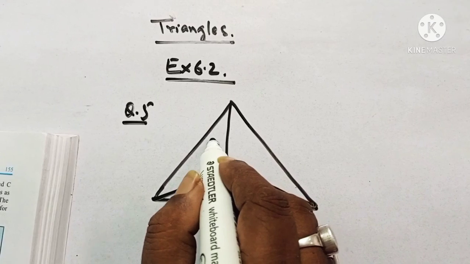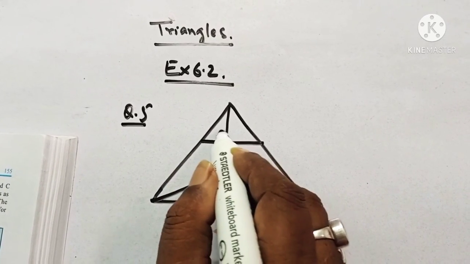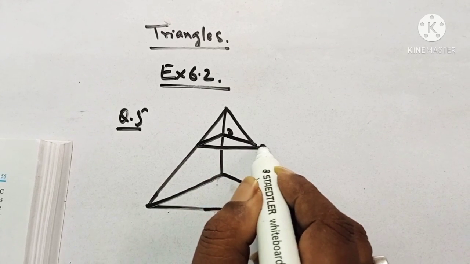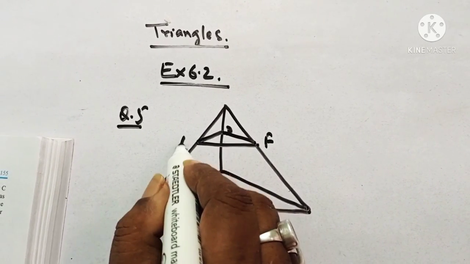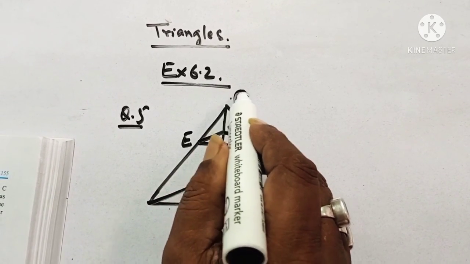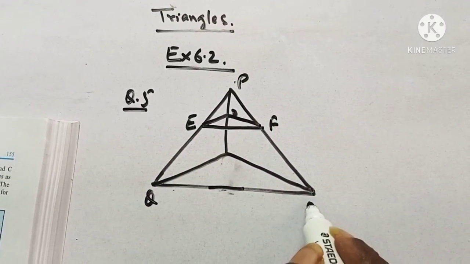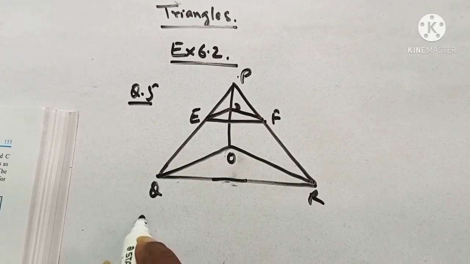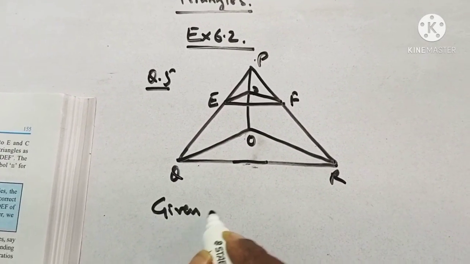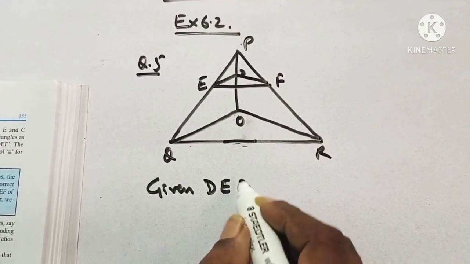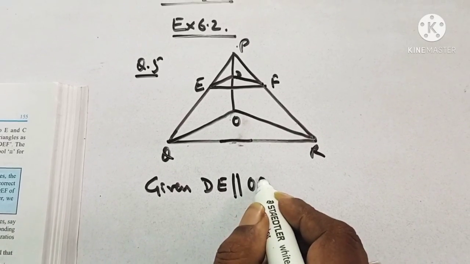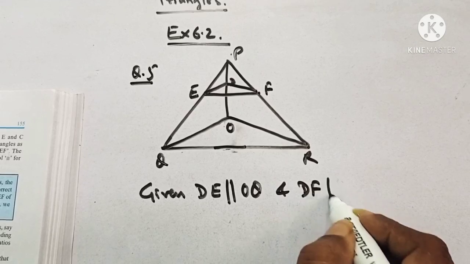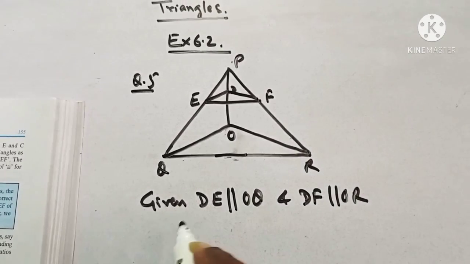Here again D, and this is F, this is E, and P, Q, R, O. Here it is given in this figure that DE is parallel to OQ and DF is parallel to OR.